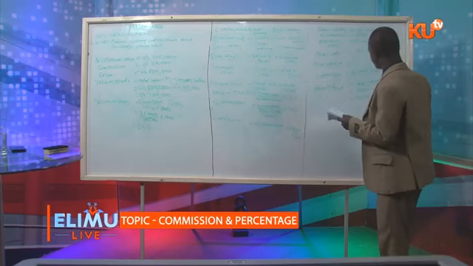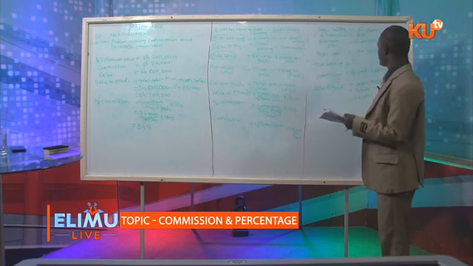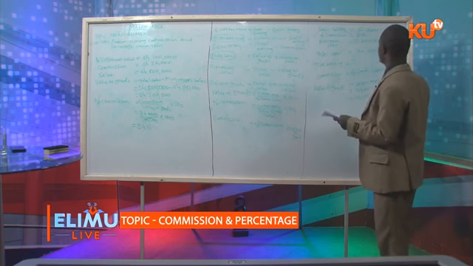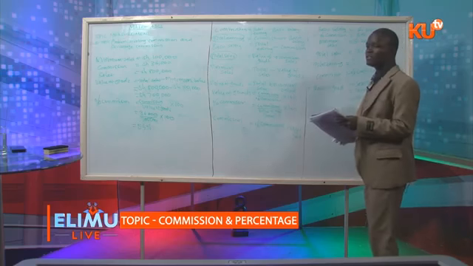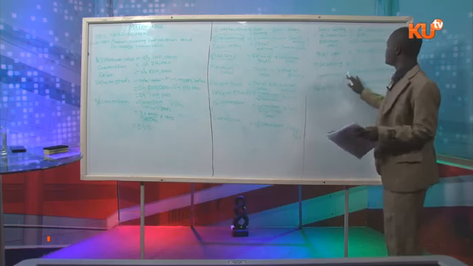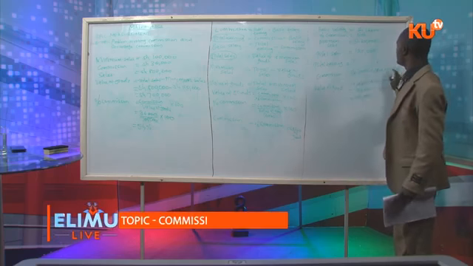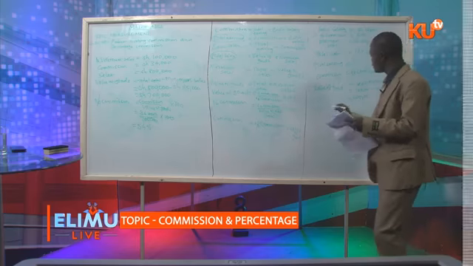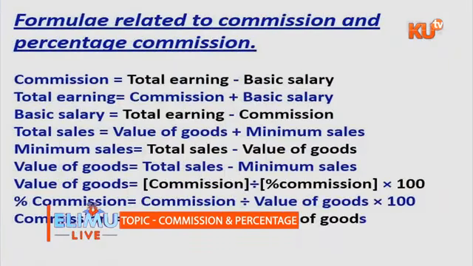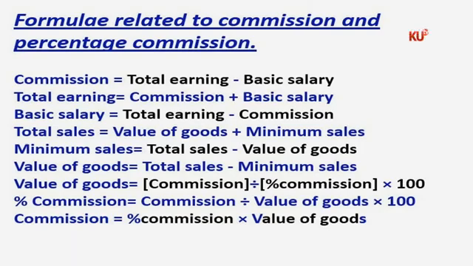Having the value of goods as 100,000, it's very easy for us to find the commission. The formula is already there. Commission is equal to percentage commission times the value of goods.